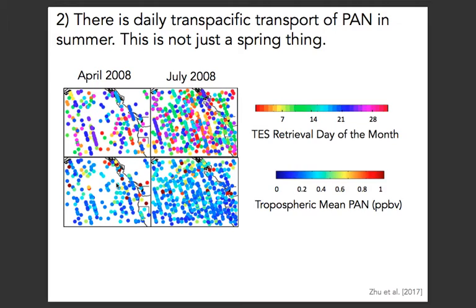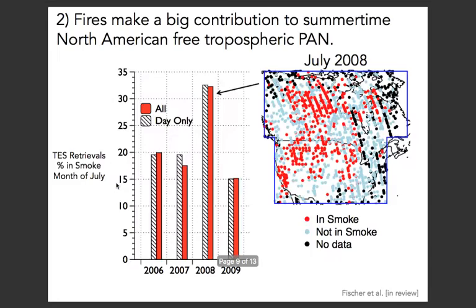Also on the river, and this is something that I don't think the model is getting quite right, we've taken all these plumes that we can observe from TES, or all these successful PAN retrievals for each month in summer. So this is July 2008. And then I've colored them basically by whether they overlap an HMS smoke plume. So they're either in smoke, they're not in smoke, or we couldn't determine it.